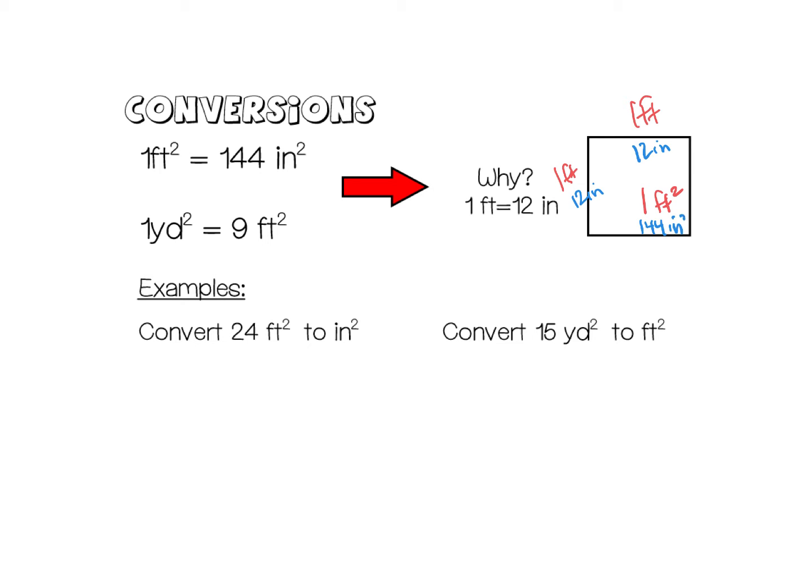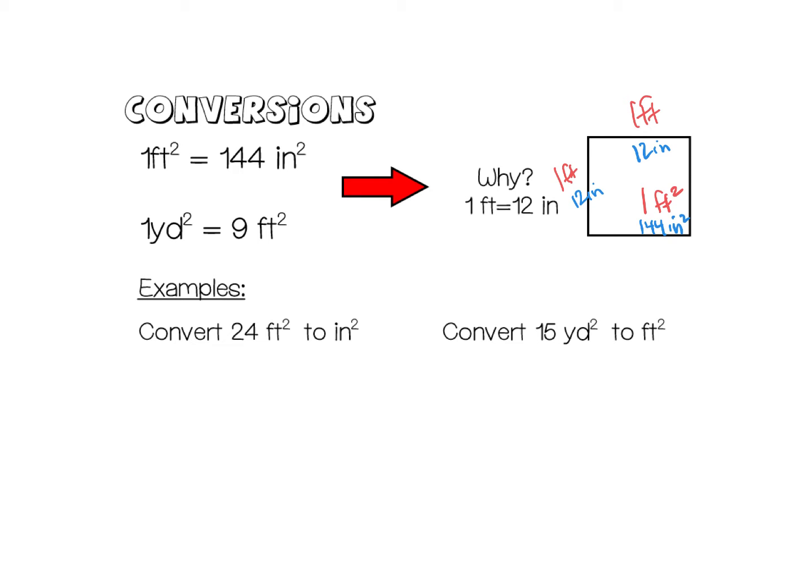144 square inches. So you have to be very careful when you're converting. You're not just multiplying by 12 to go to inches, you're going to be multiplying by 144, or dividing, if you're going in reverse. So let's convert 24 square feet to square inches.